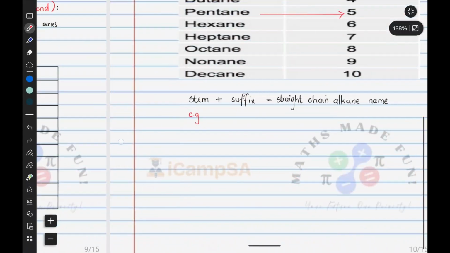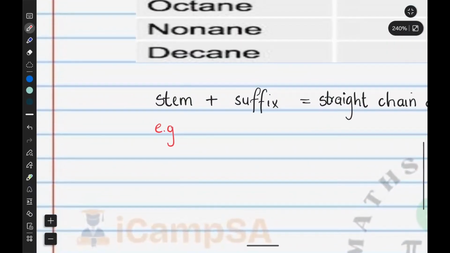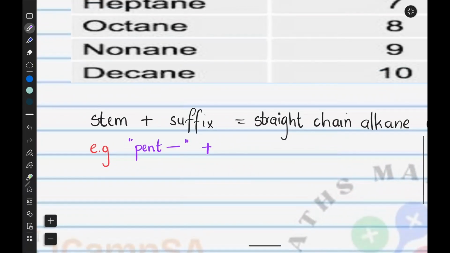The stem name will be pent. And then plus the suffix, since this is an alkane, the suffix will be ane. So when we add these together, we get pentane.